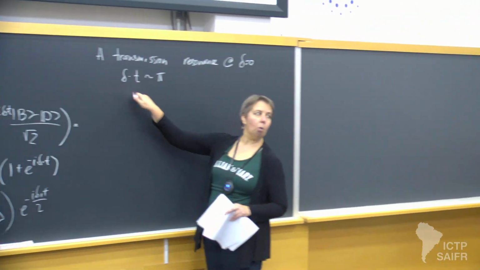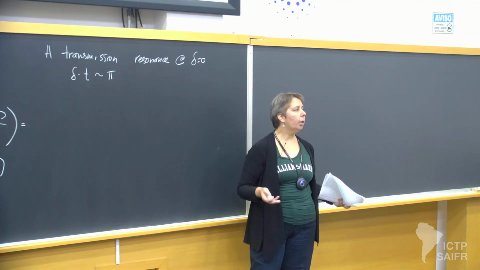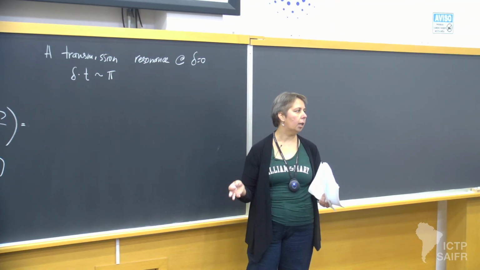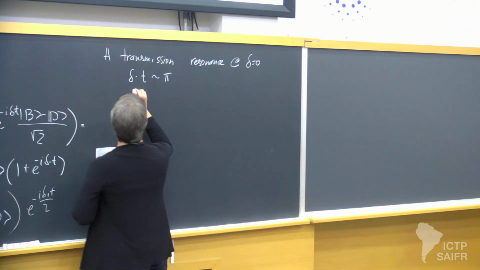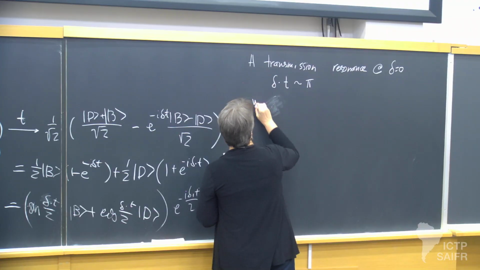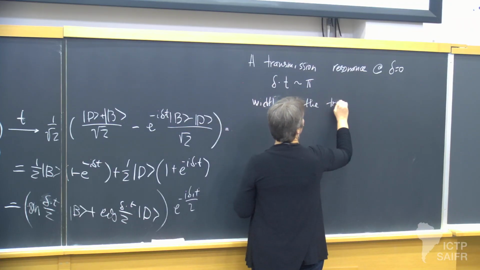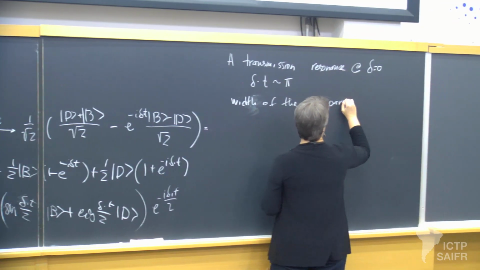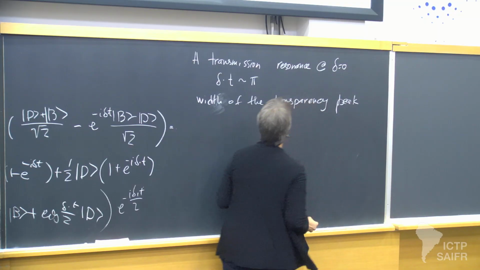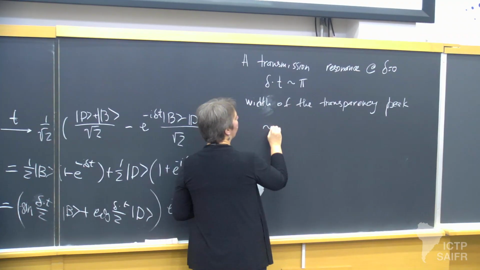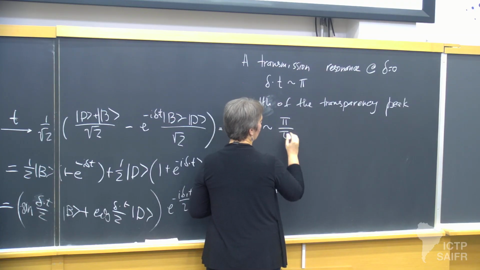So the question is how long we can let the atoms progress, how long we can keep them in a dark state, even if it's precessing. That means the width of the transparency peak will be approximately pi divided by the lifetime of the dark state.